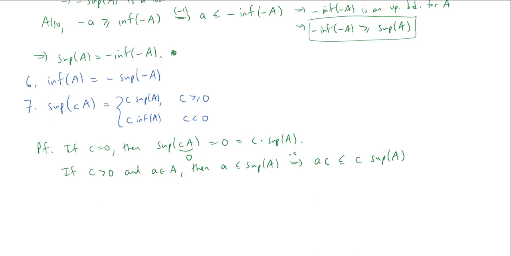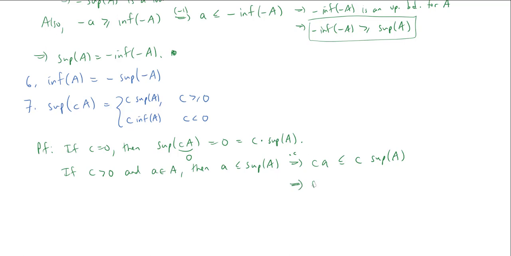Okay, but this tells me now that C times the supremum of A is at least as big as, in fact, let me write the C in the front, see if that helps. This means C times the supremum of A is at least as big as C times every element in A. So this is, again, an upper bound for the set CA.